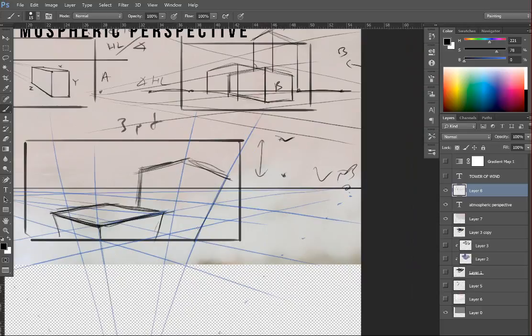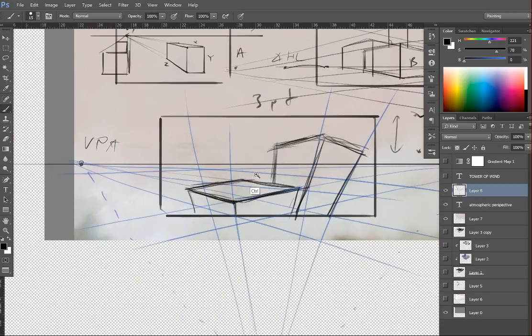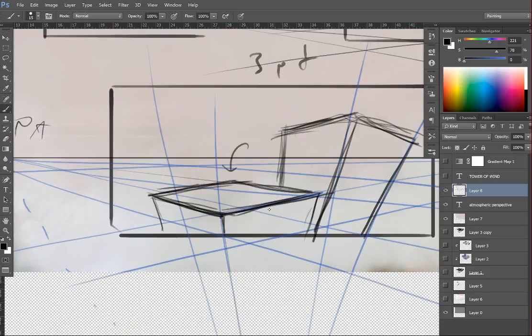And then I stroke downwards. See? We do not see the underside of this. We only see the area here. So anything that is below the line, you can see what's on top of it.